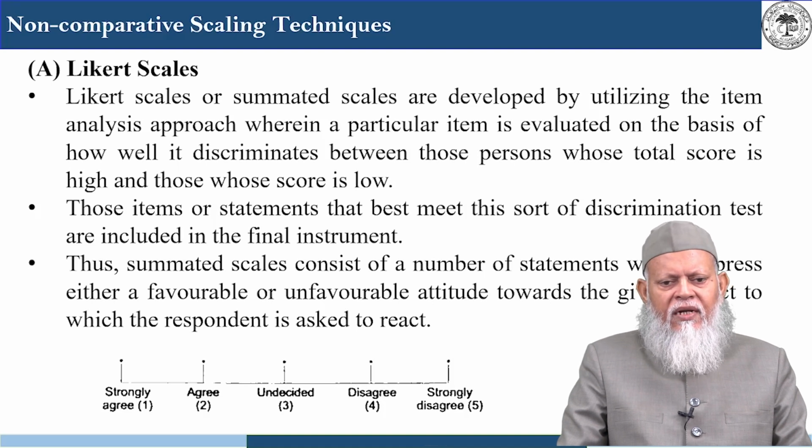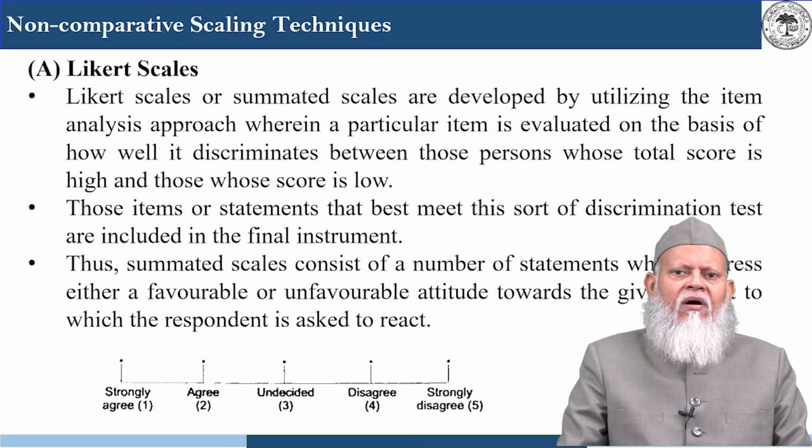So, for now we should note that Likert or summated scales are those scales which consist of a number of statements which express either a favorable or unfavorable attitude towards the given object or stimulus to which the respondent is asked to react.